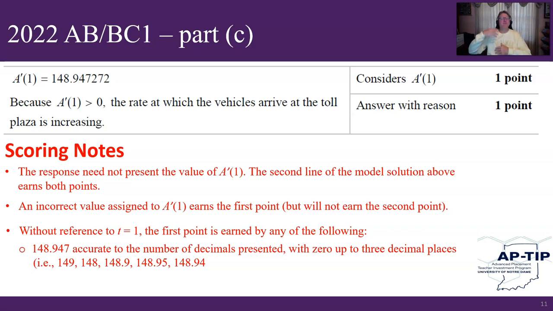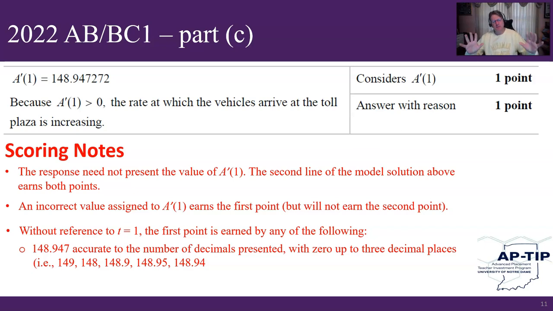So that would be 149, 148, maybe 148.9, 148.95, 148.94. What we're going to do here is look at that and say, well, we see that that particular value came from the calculation of the derivative of A evaluated at 1. And so we're going to go ahead and award that first point.